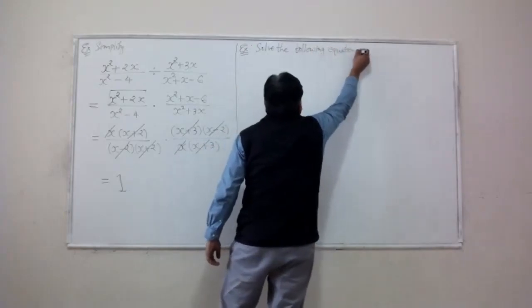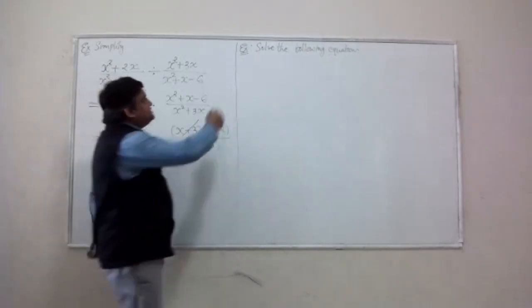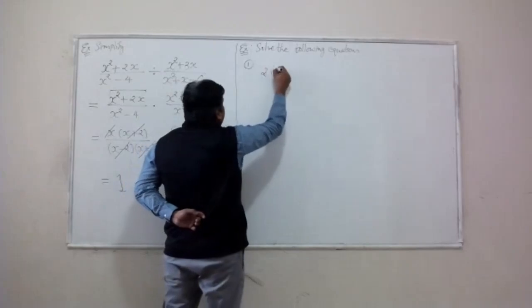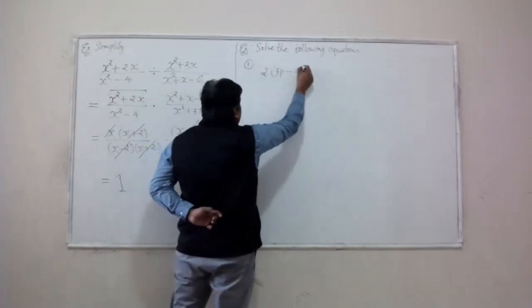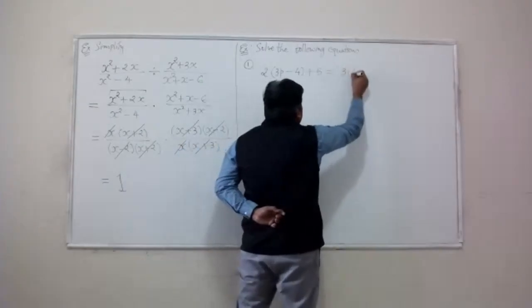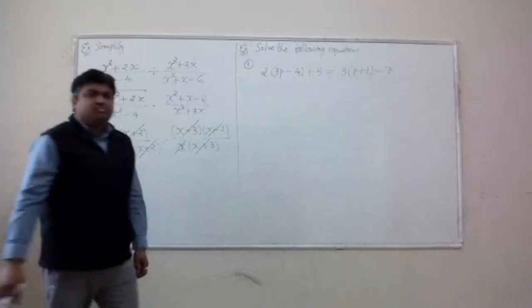Solve the following equations for the given variable. Here is the first example. Let's say I give you this equation, 2 times 3p minus 4 plus 5 equal to 3 times p plus 1 minus 7. All right.